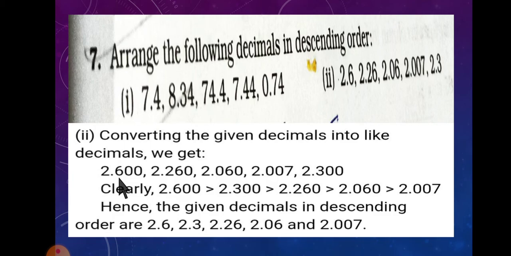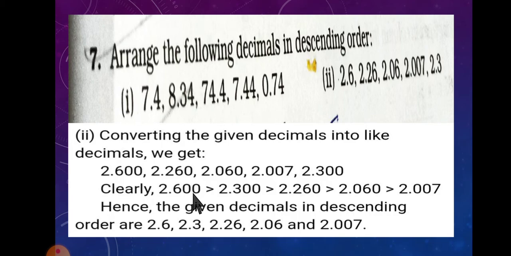The tens place digits are 6, 2, 0, 0 and 3. Two numbers have 0 in the tens place; then we will see the hundreds place digit, which is 0 in one of them, so that is the smallest number. Because this is descending order, we should find the largest digit in the tens place, which is 6.